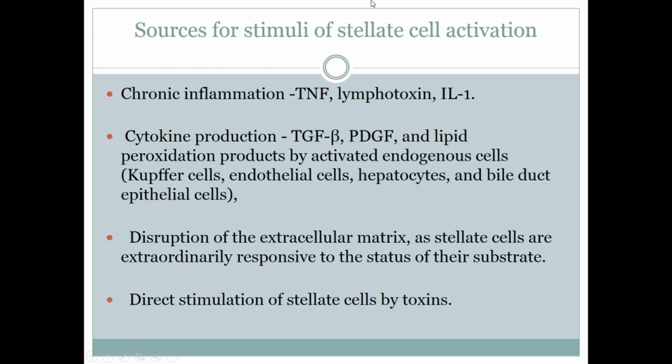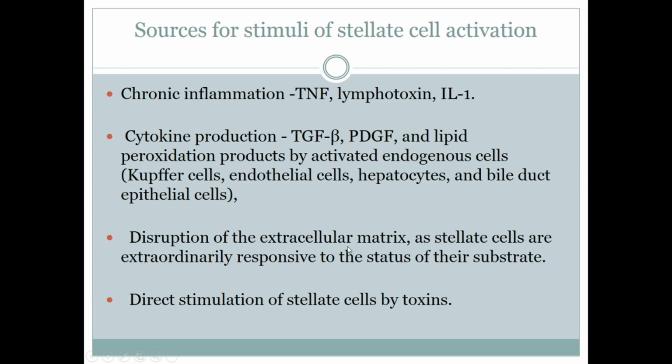Okay. So these are the sources of stimuli for the stellate cells: chronic inflammation, tumor necrosis factor, lymphotoxin, interleukin-1, cytokine production, all of these, transforming growth factor, platelet-derived growth factor, lipid peroxidation. All these cells can also produce these cytokines.